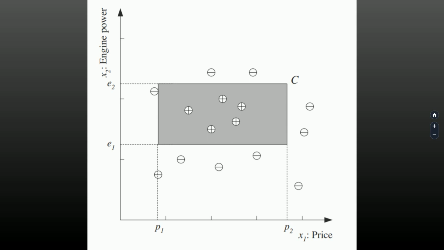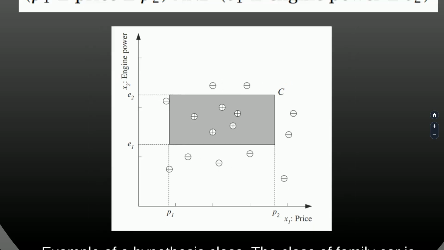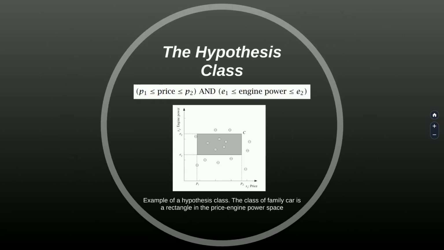The experts define the hypothesis class. However, the parameters are not known until we actually train this algorithm. So here is our hypothesis class. We are predicting that this is a reasonable way to classify C, a family car, and to determine that class. However, we haven't determined the specific hypothesis from our hypothesis class yet.